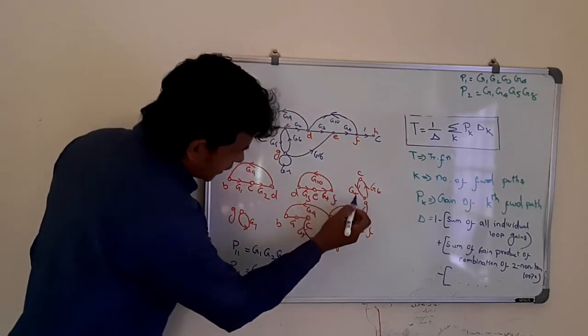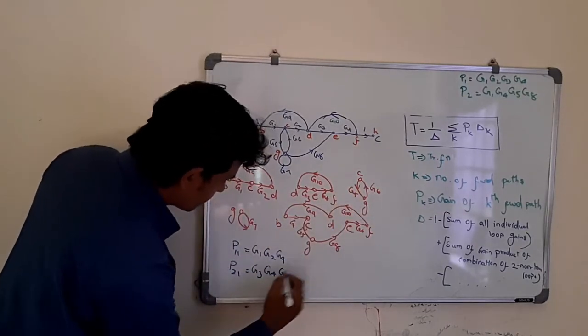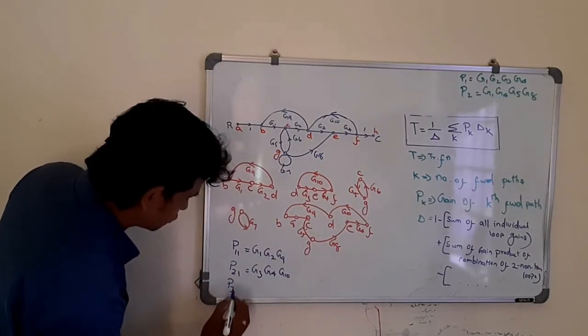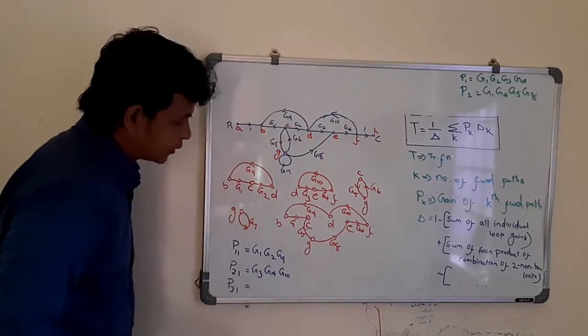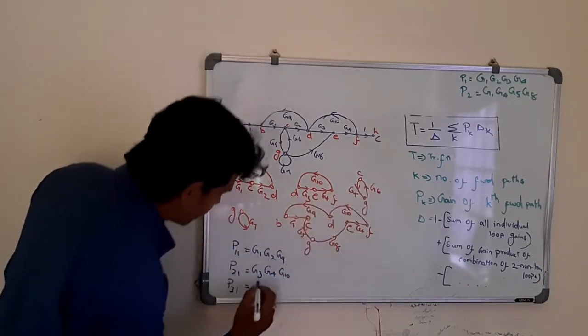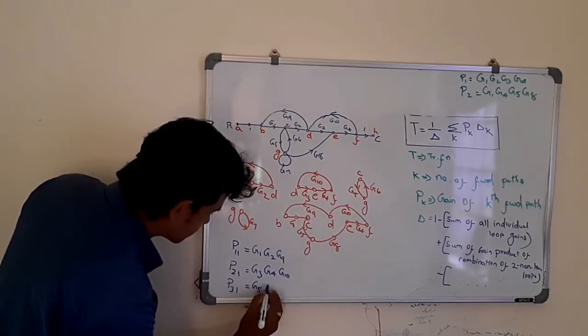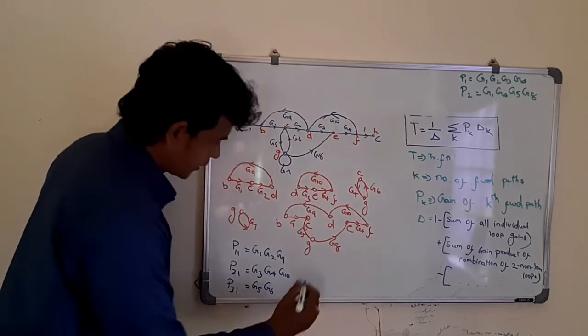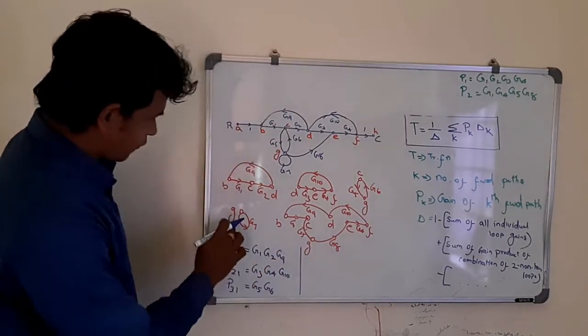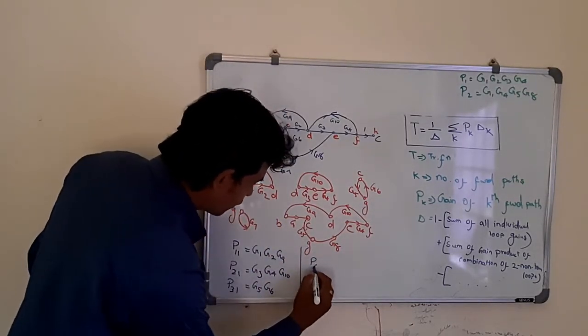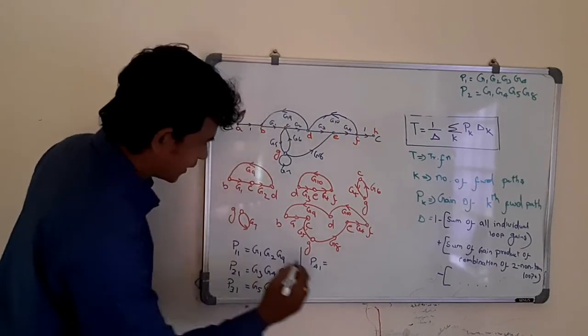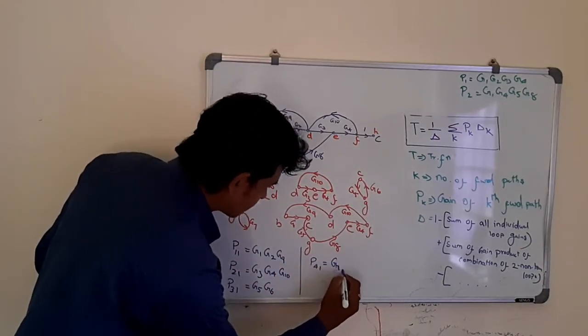Then for the third individual loop, P31, the gain is G5 into G6. Then for the fourth individual loop, P41, the gain is G7.